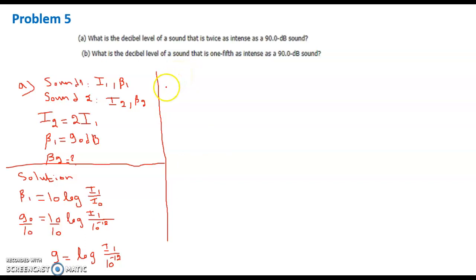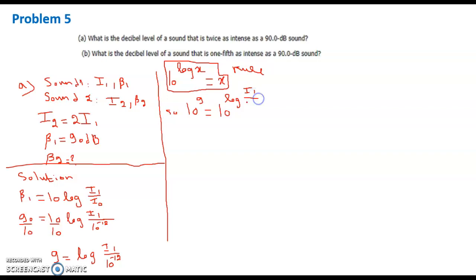So we have to make use of the rule that says 10 to the power log x is equal to x, because the base of the log here is 10. This is a rule. So now I can say, let's raise both sides, 10 to the power 9 is equal to 10 to the power log of I1 over 10 power minus 12.